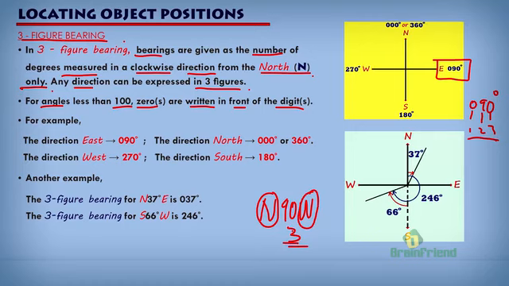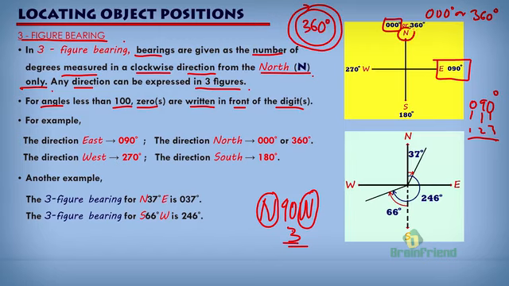Again, the direction north is written as 0, 0, 0 degrees or 360 degrees. Remember, we said a compass is shaped in a circular manner, just like our Earth is circularly shaped. So when you take the measurement of degrees in a complete circle or a revolution, you have 360 degrees.